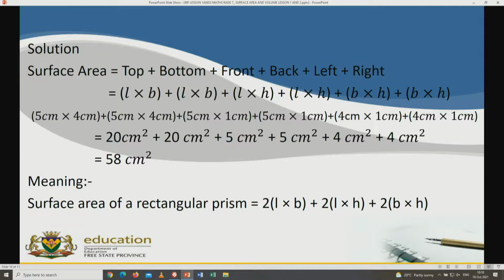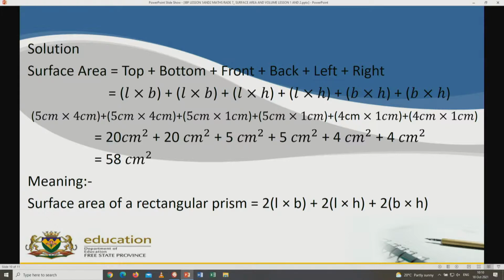Then we end up with the top part being 20 centimeter squared, the bottom part area 20 centimeter squared, the front area of the rectangular prism 5, as well as its back side. And therefore the left and the right respectively measure 4 centimeter squared.